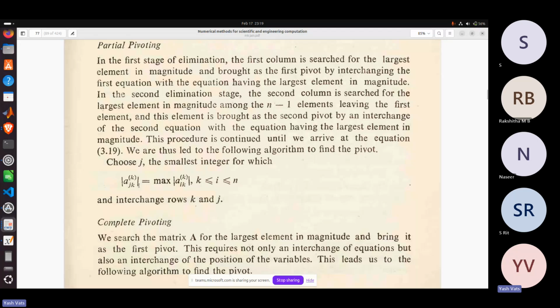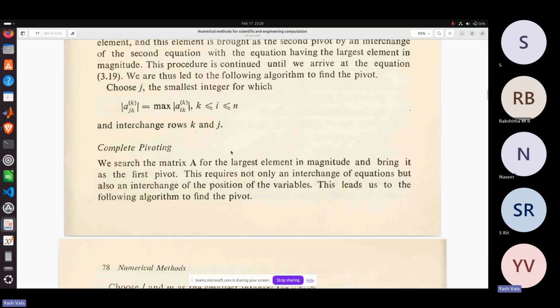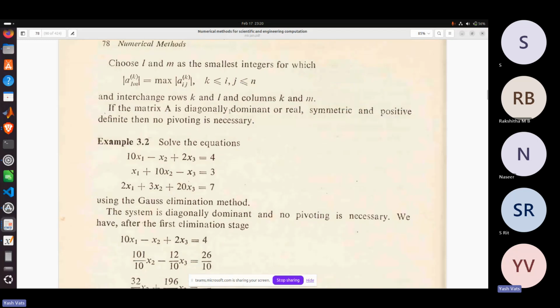So if you go over here, on this diagonal you see that 3 is lower than 5, so you just interchange these two rows. You make 3 as 5 and 5 as 3, and similarly the things go on. It may prove to be a faster way to find a solution.